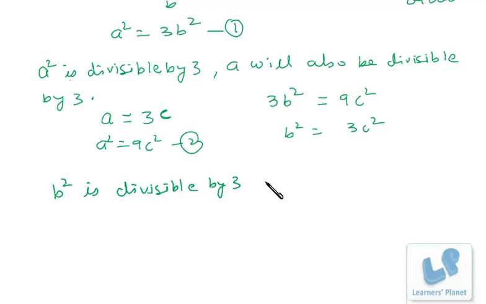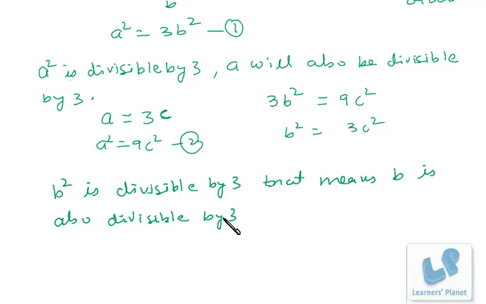That means b is also divisible by 3 according to Euclid's lemma. That means, see here, b is divisible by 3, and here we have proved that a is divisible by 3, right?